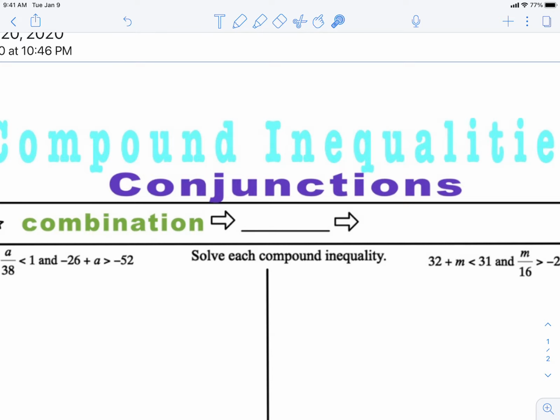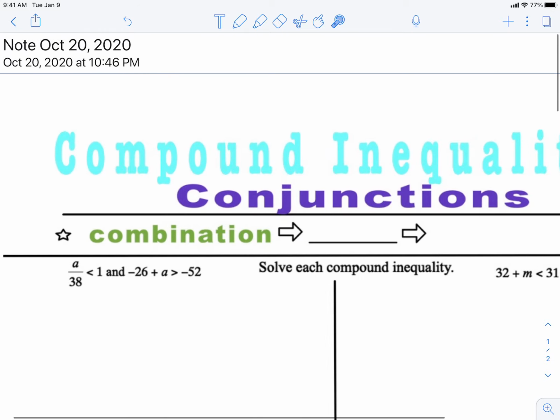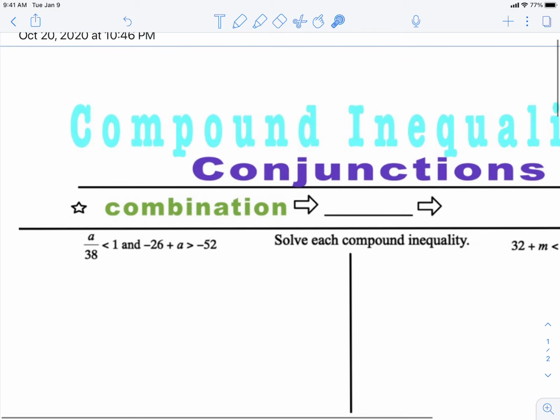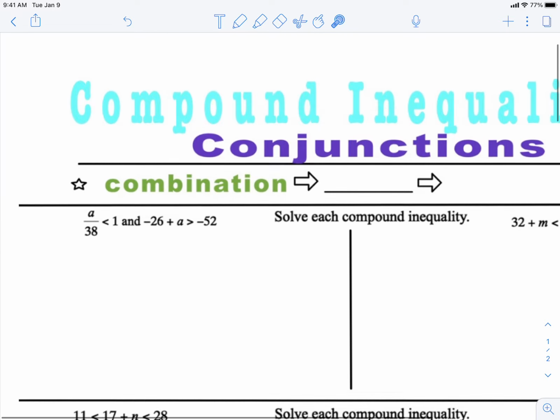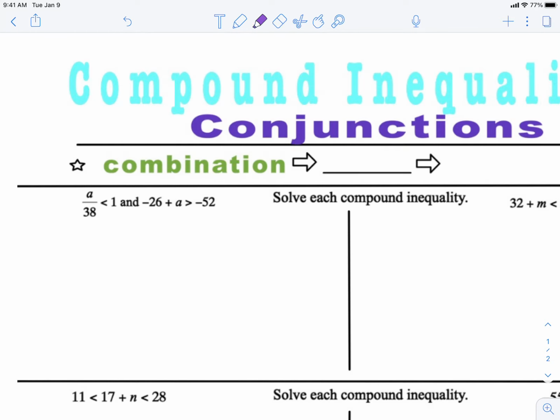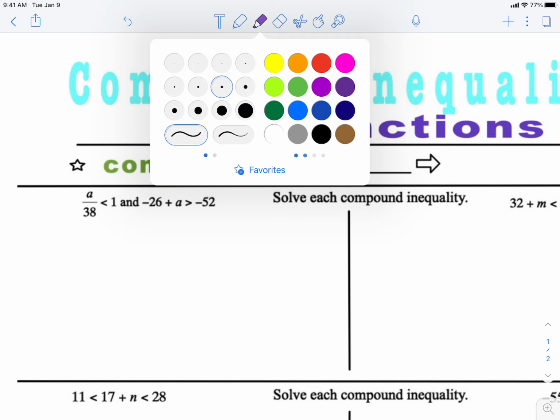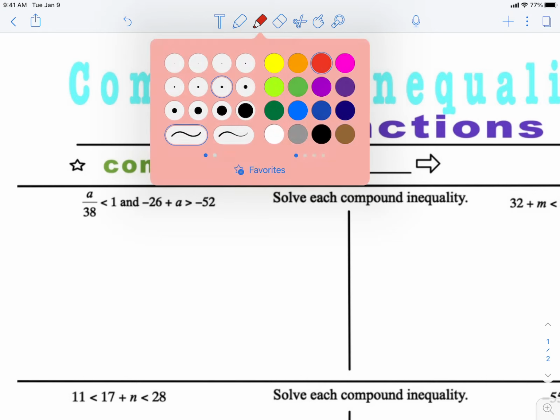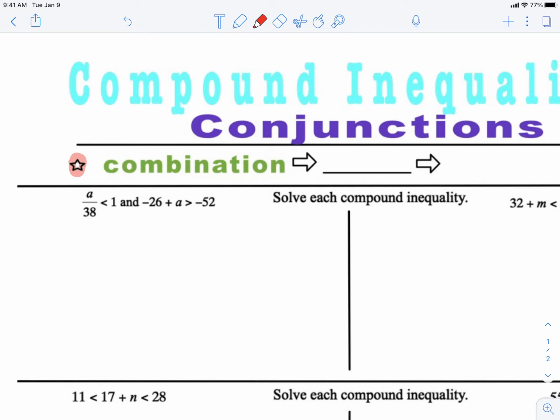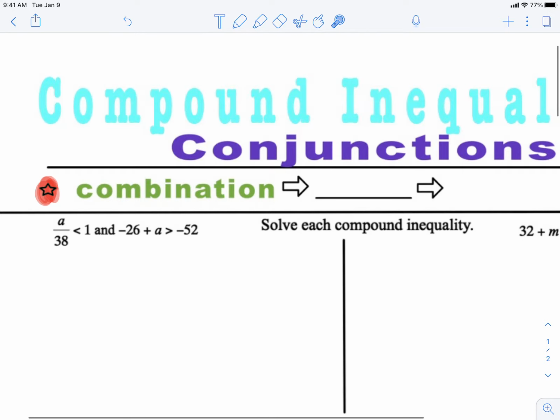Now make sure you're writing this down on your paper or notebook with your pencil, right? So the first note that we see here, and let's see what color we're going to use. Let's use red. The first note that we see says combination, right?